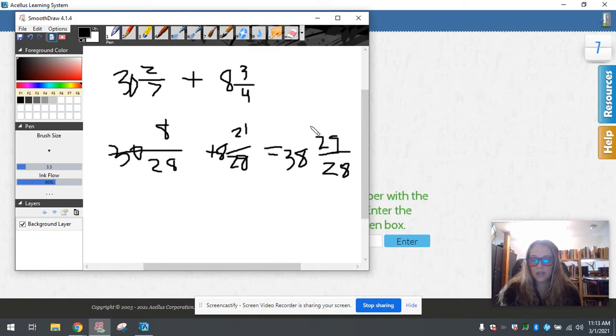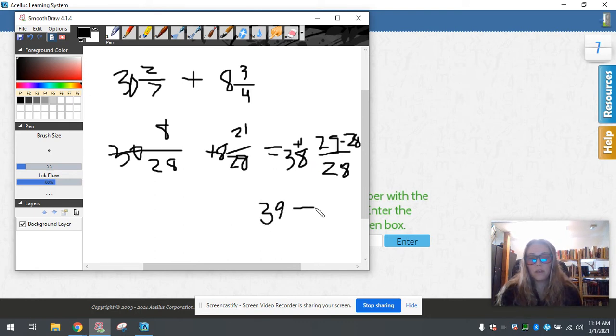So I'm going to take that 28 away from my numerator, and I'm going to add it to my whole number. So I just took 28 out of 28, and that gives me one whole. So 38 plus 1 is 39.